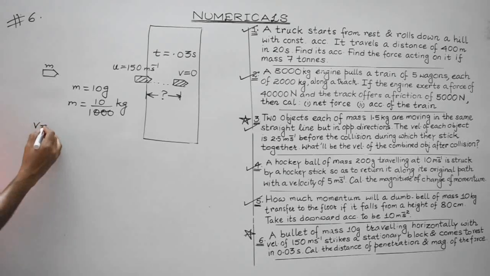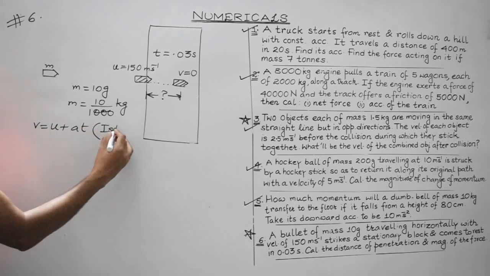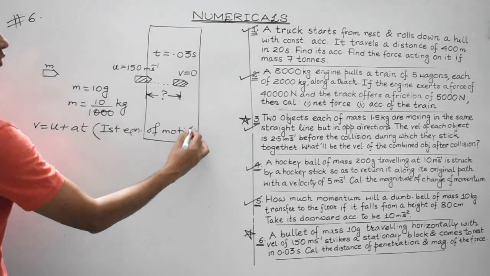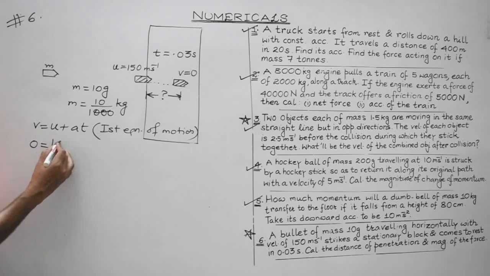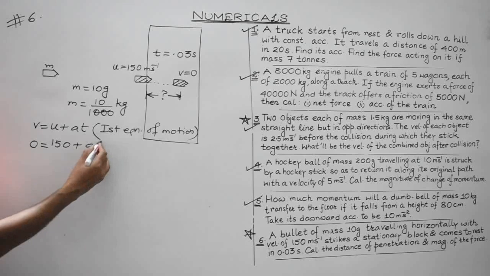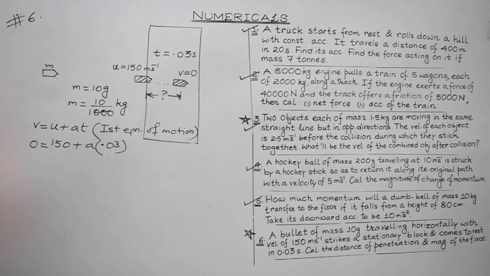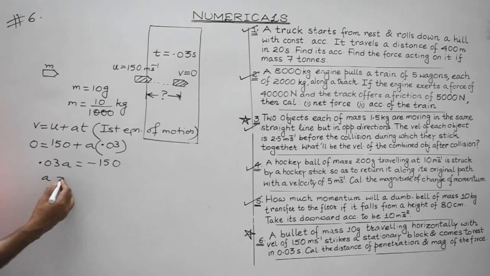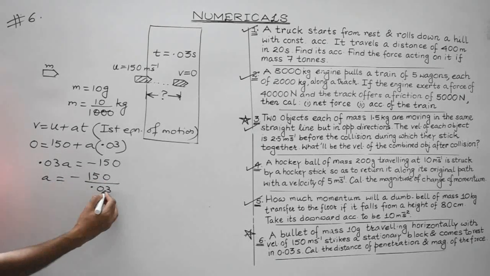U is given, V is given, T is given. So using the first equation of motion, which is also known as the velocity time relationship: final velocity is 0, initial velocity is 150, a is to be determined and time is 0.03. During this time, the bullet comes to rest. So 0.03 a is equal to minus 150, or a would be equal to minus 150 divided by 0.03.